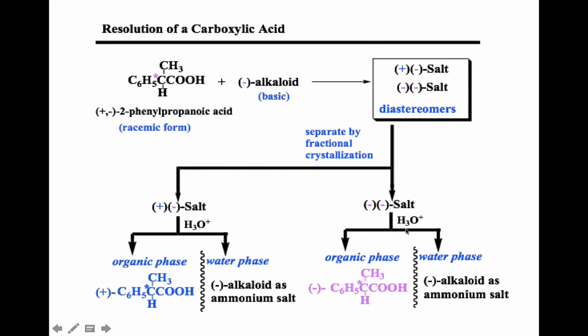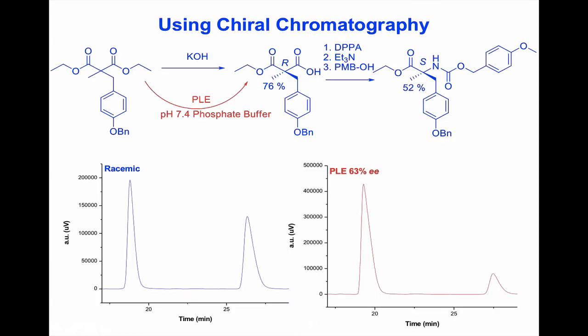We can take that and then convert the salt back into the carboxylic acid by treating it with a strong acid. And then we could take the stuff that remained in solution that didn't crystallize out, which would be enriched in this other diastereomer, and we can do the same thing in a totally different beaker, and we can end up getting separation of the enantiomers that way.